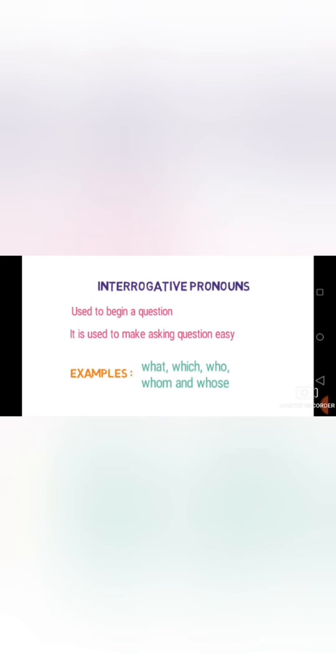The answer is that the position of these words will tell you whether they are relative pronouns or interrogative pronouns. If you have these words at the start of the sentence, then they will be called interrogative pronouns. And if you have these words in the center of the sentence, then they will be known as relative pronouns. The words will be the same, but if their position changes, then their name changes.